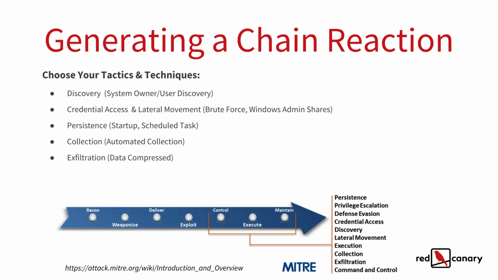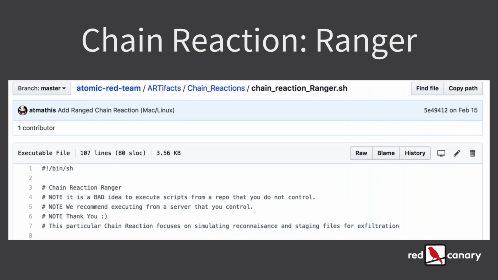Fortunately, with Mac and Linux, we have a couple chain reactions, and Adam's here to walk us through one that he made a little while back. Yeah, this is a chain reaction we call Ranger, and basically its job is to stage the reconnaissance and collection portions of the attack matrix.